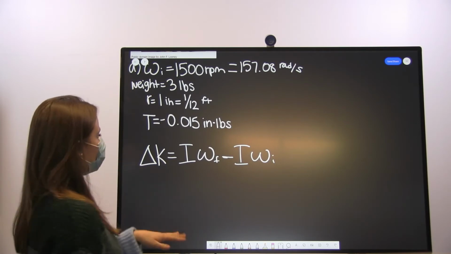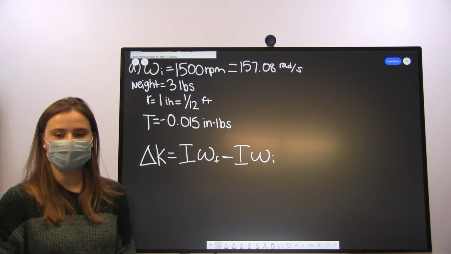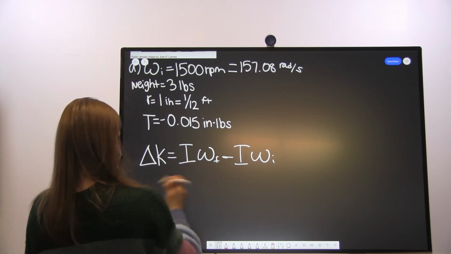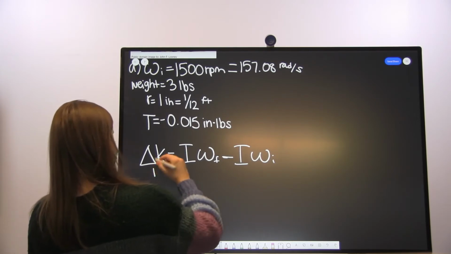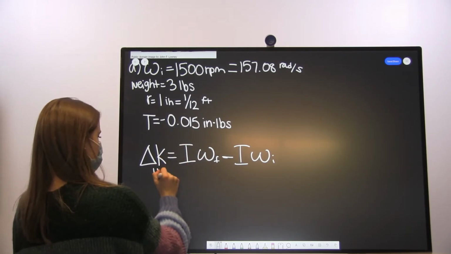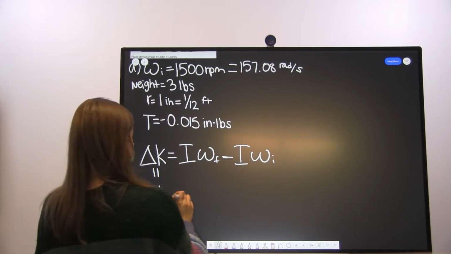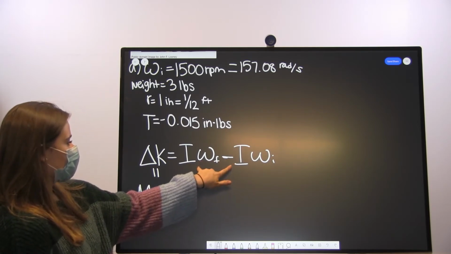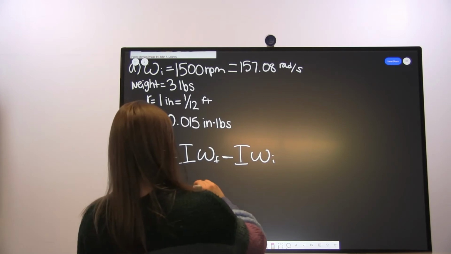And so we know that our angular impulse is constant, so this is equal to moment times time, and we know that our moment of inertia is not going to change in this scenario, so that's going to stay constant.